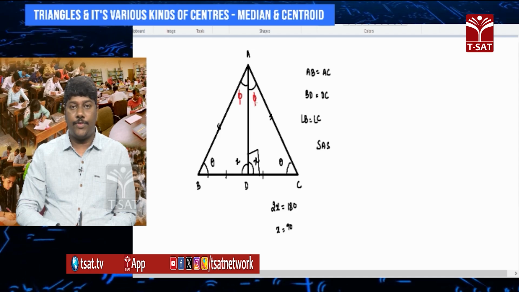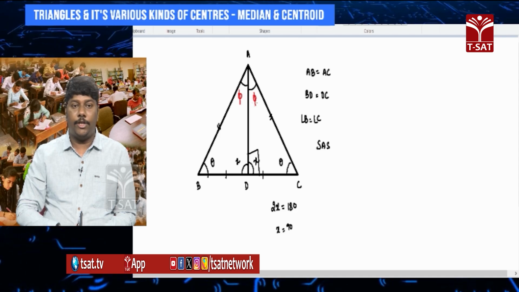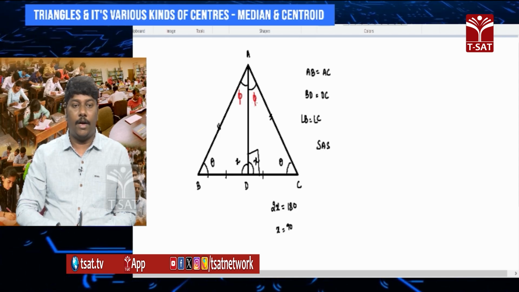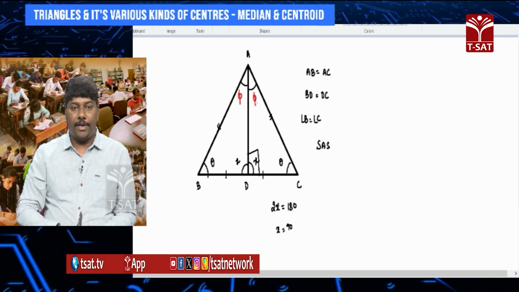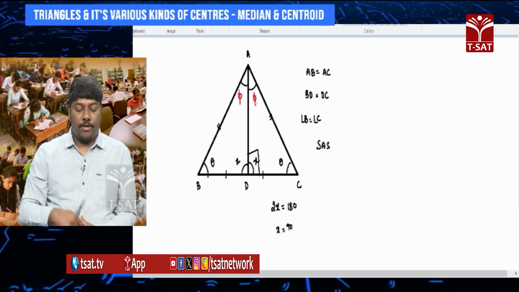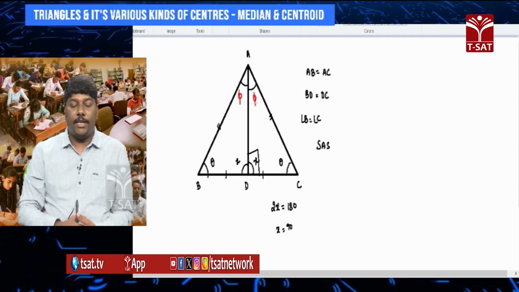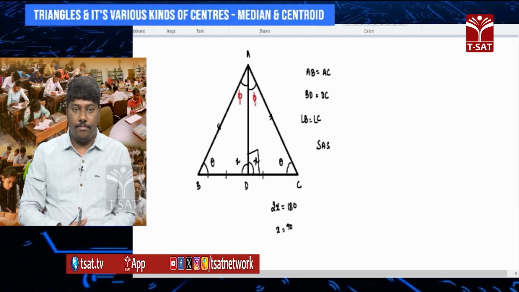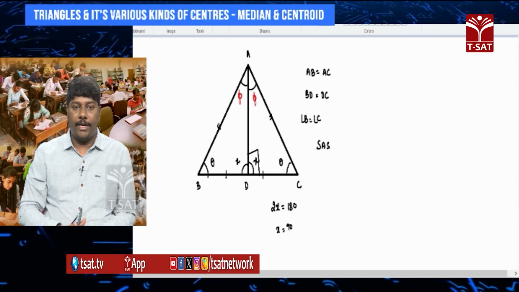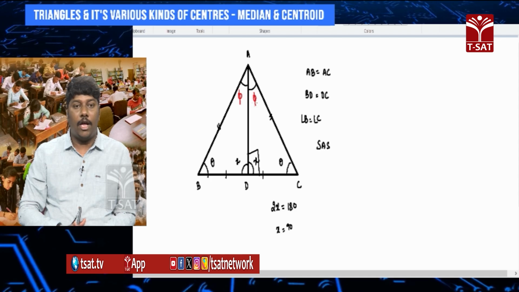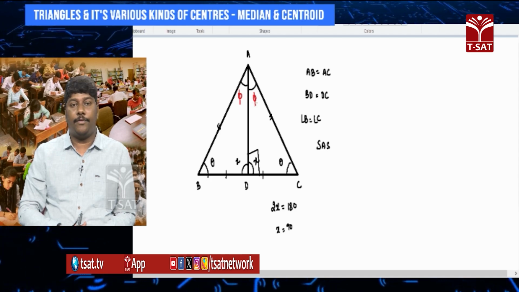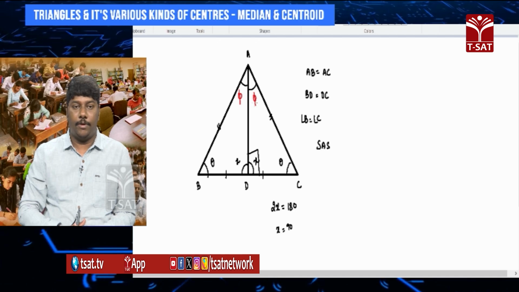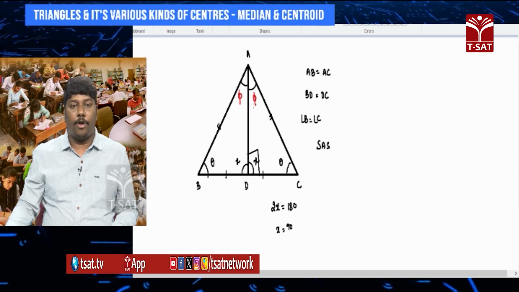In an isosceles triangle, if you draw a median, altitude, or perpendicular bisector, all of them are actually the same: median, angular bisector, perpendicular bisector and altitude. All four of them are the same. All you need is that they give an isosceles triangle. Okay. So, we will come back to the problem here.